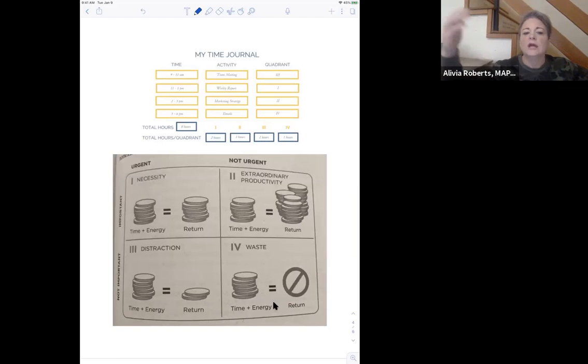And then quadrant 4, you often feel like you're wasting your time. You spend a lot of time on busy work that is not directly related to your goals, social media, video games, pointless web surfing, and that type of thing. And again, we all need an outlet.